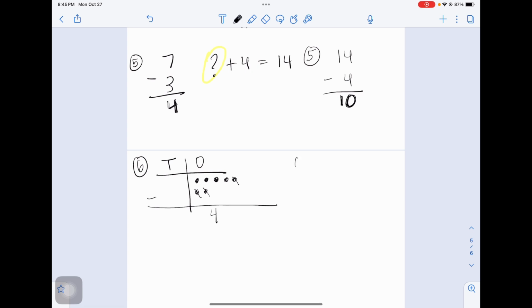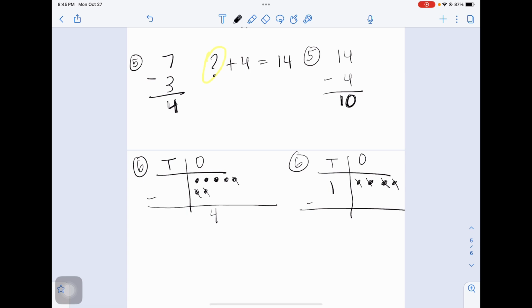I'm going to do another justify for my 14 minus 4. I'm showing my work. I have 1 ten and 4 ones. I'm going to take 4 away from 4.